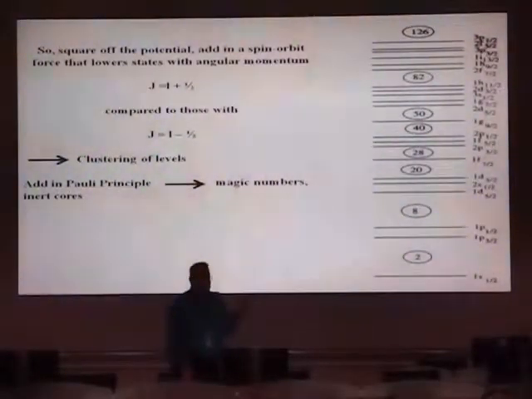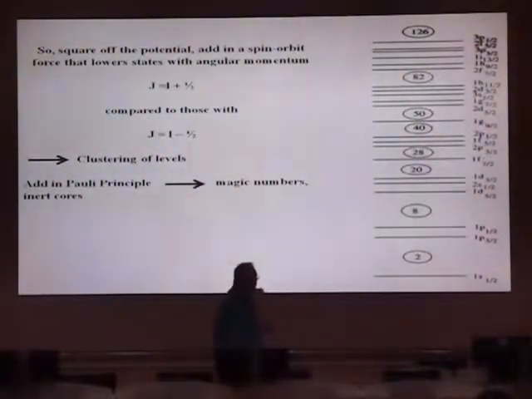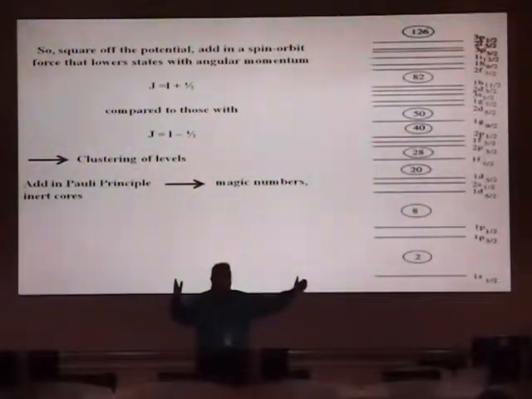There's another reason why they change. Remember in the square well, the energy levels go as 1 over the size of the nucleus squared. I took the de Broglie relation and derived that the energy levels in the square well go as 1 over the size squared. So as you go from hydrogen to helium to calcium to lead, the nucleus is getting bigger, so all those energy levels will change.